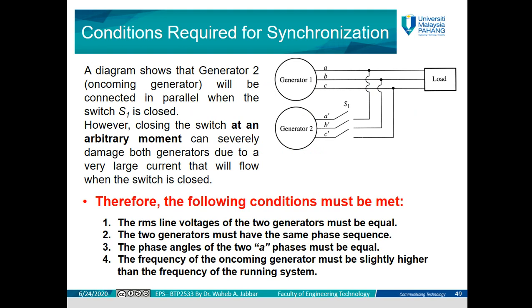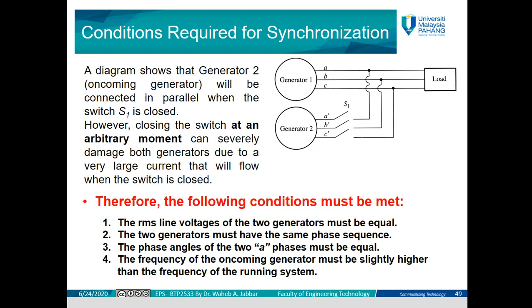No, there are some conditions that need to be satisfied in order to connect more than one generator. If these conditions are not satisfied, it will cause a fault or circulating current between the generators, and this may cause damage to the generators.